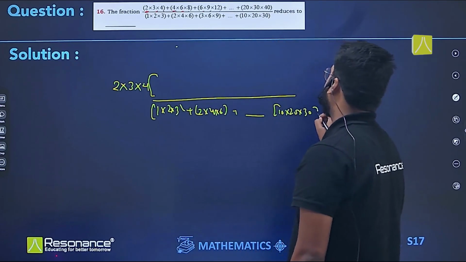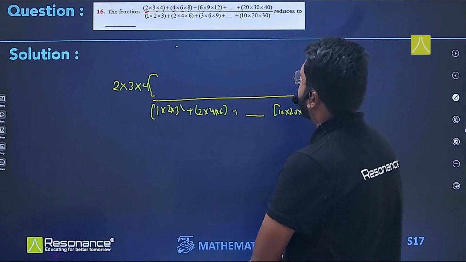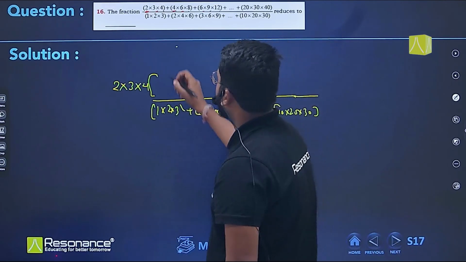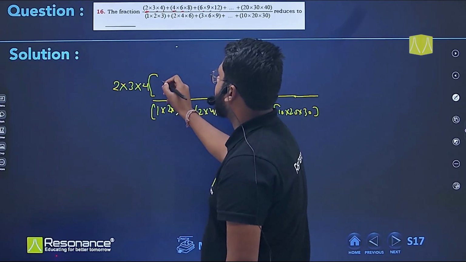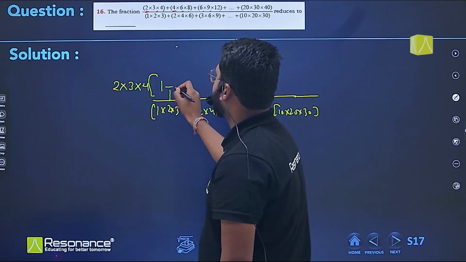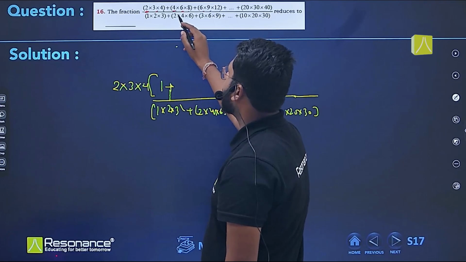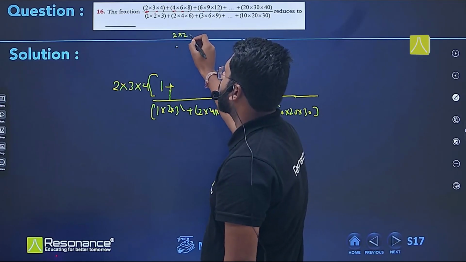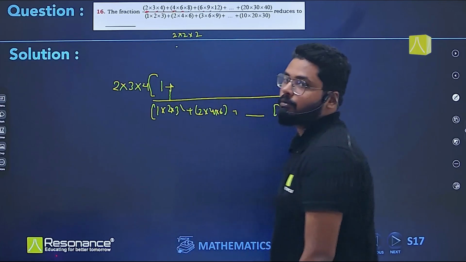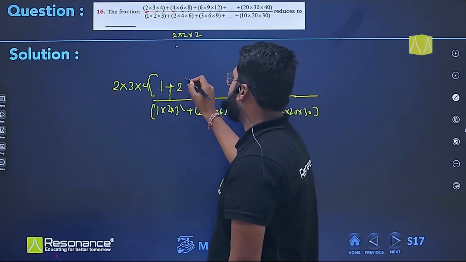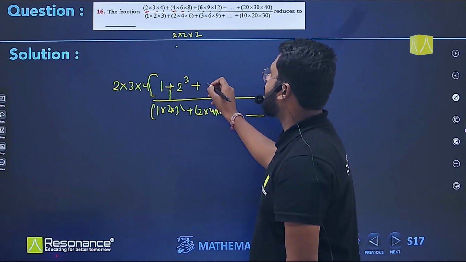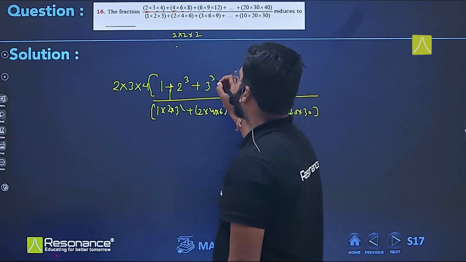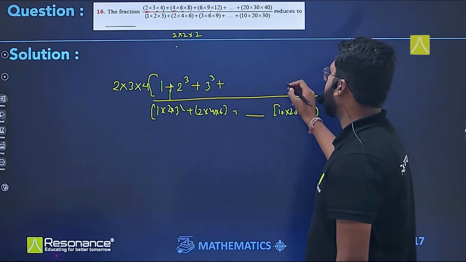If I take 2 into 3 into 4 common, I will be left with, from the first term, 1. From the second term it will be 4, 6, 8, so it will be like 2 into 2 into 2, I can write as 2 cube. For the third term it is 3 cube. And then it goes on till 10 cube.